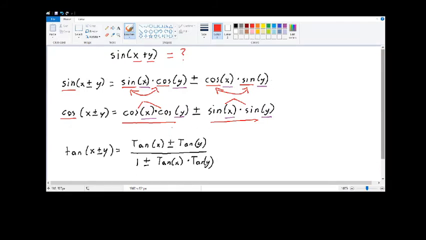Tangent is the weird one, which kind of comes into understanding just that it's somewhat of a memorization, that we have the tangents above being added or subtracted, and tangents below.